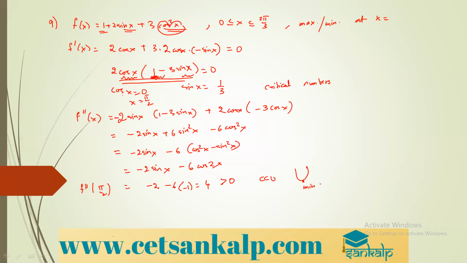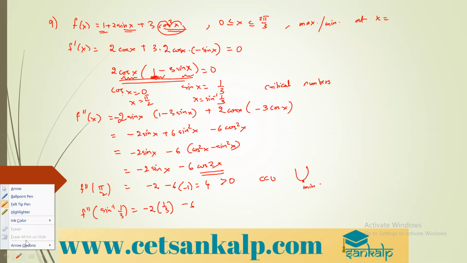What about the other one? In the second derivative, when you use x equal to sine inverse 1 by 3, that gives 1 by 3 minus 2 sin x is 1 by 3 minus 6 cos 2x.